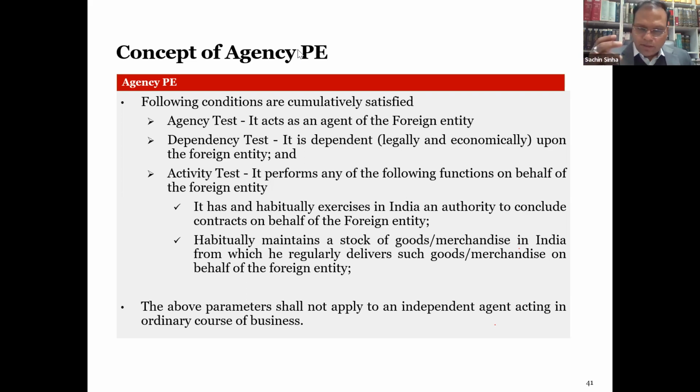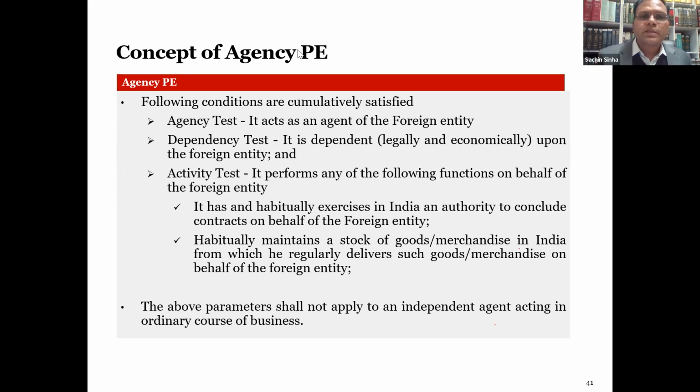Assuming the activity or the nexus is so close that it becomes a permanent establishment in India, then we will not apply the FTS rate, that is 10%, we'll apply the business income rate. On the net income, the 40% rate will apply. So that is the difference between applying POEM and PE.